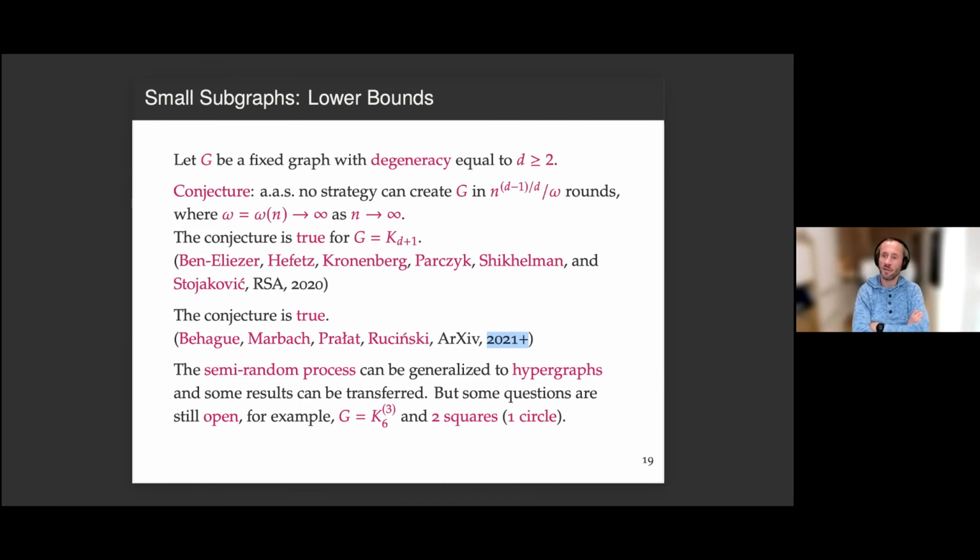I don't know who else is looking at this. I'm sure some people are, but it still looks like it could be relatively easy to get some results. And the same applies to hypergraphs. I guess nobody. We just introduced this game for hypergraphs, so everything is open there.